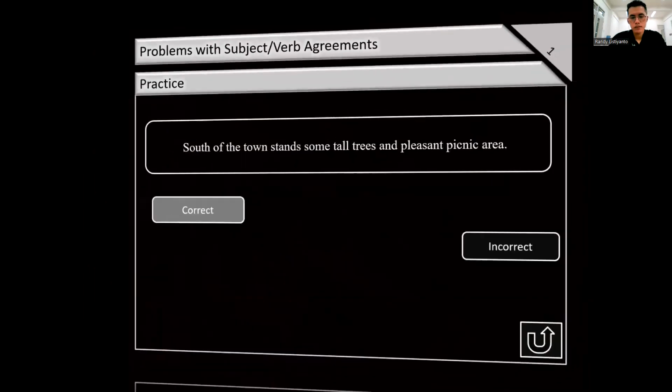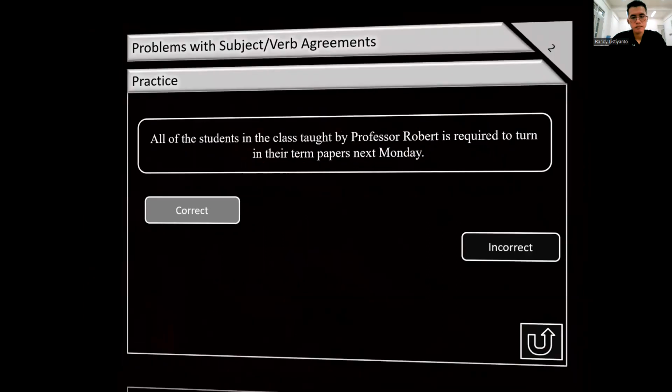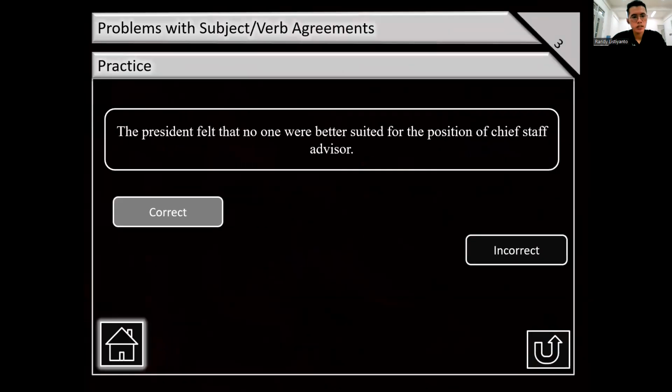Okay, I've answered this. You also answered this. The president felt that no one were better suited for the position of chief staff advisor. Remember, no one, should it be singular or plural?